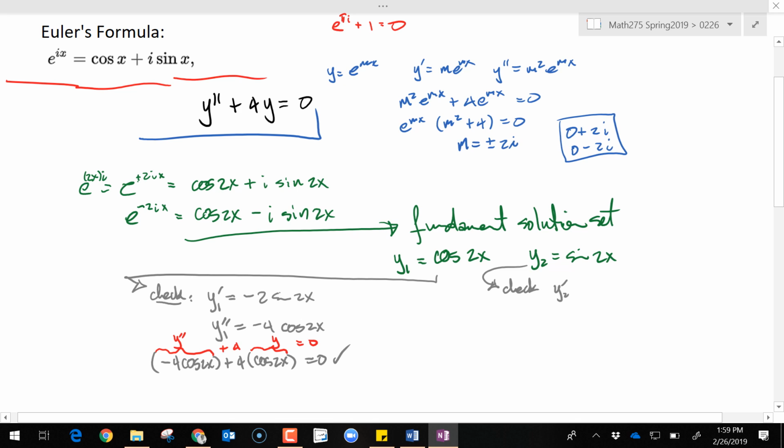We got y2 prime is equal to cosine 2x times 2, and y2 double prime is equal to sine 2x, negative 2 times 2 is 4. So we get minus 4 sine 2x plus 4 times sine 2x, and that's equal to 0 as well.